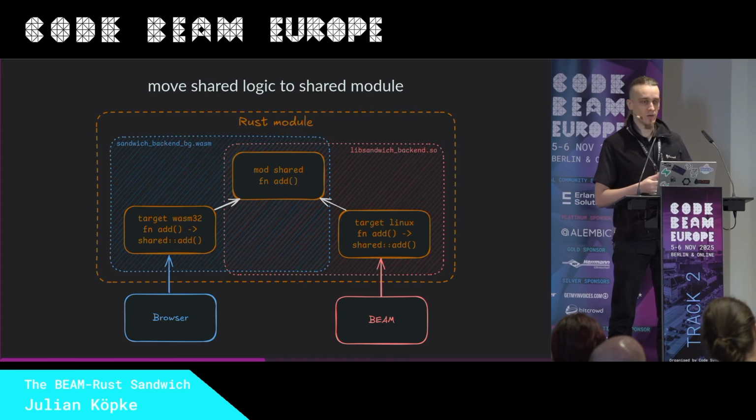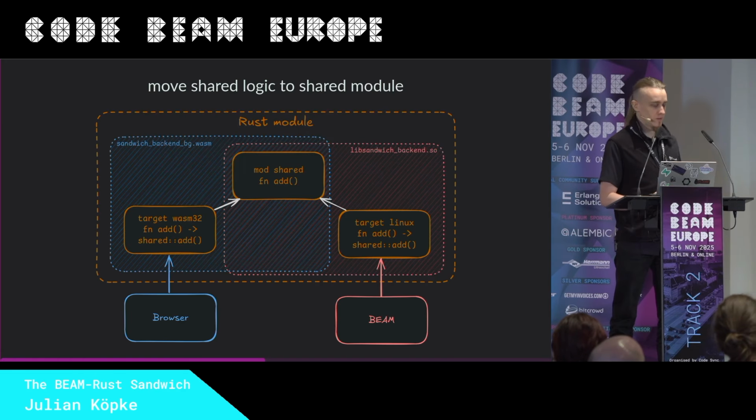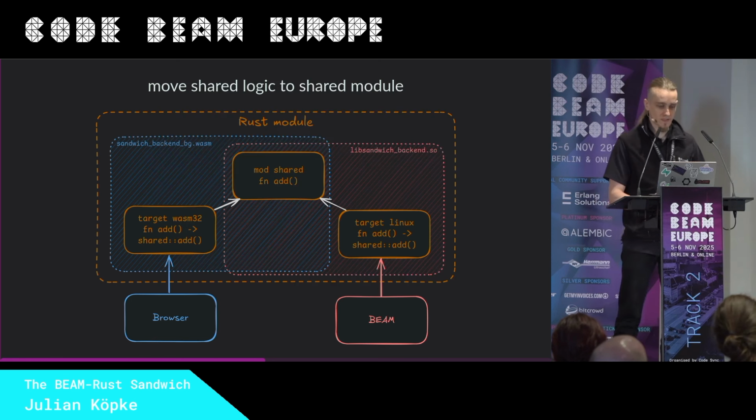So we need to pull out the shared functionality into a shared module, which is in the middle here. And then we add another shim on the left, which we can call from our browser. So basically, those two functions will, on the one side, be implemented to be called from JS, and the other one from the BEAM. And they both call into the same function to run our business logic.